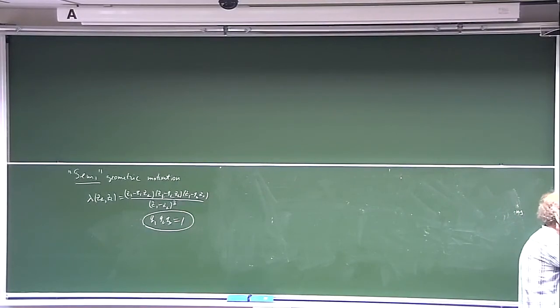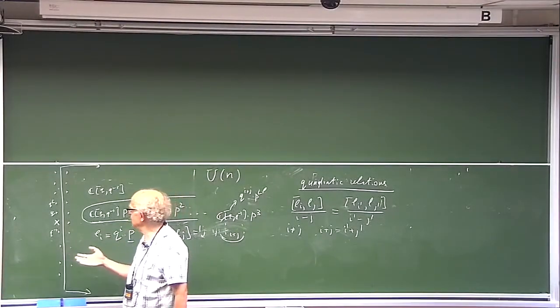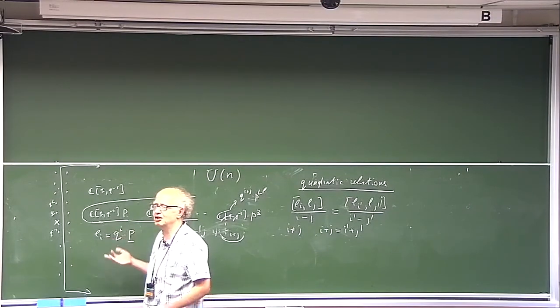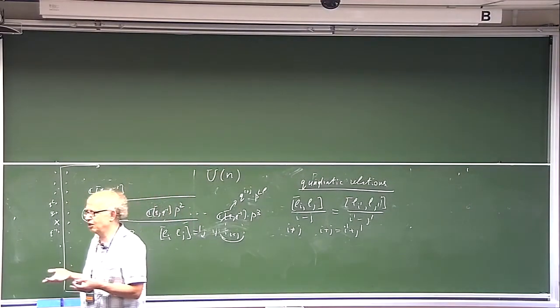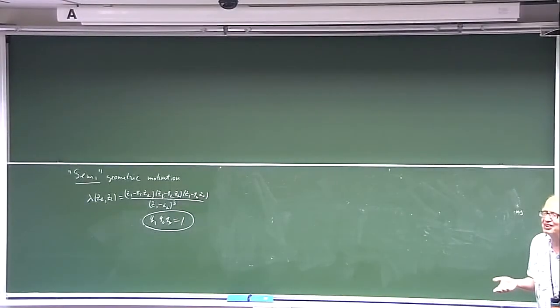Now, one thing which I had in mind in my previous lecture: well, we have this shuffle algebra, and we have this universal enveloping of this Lie algebra, and they look similar, at least from the point of view of generators and relations.